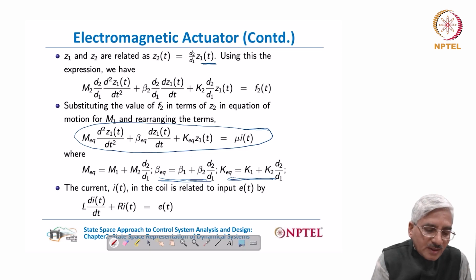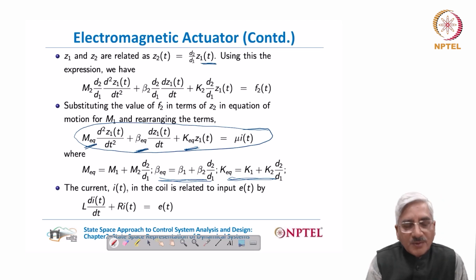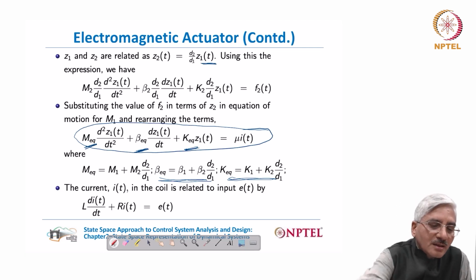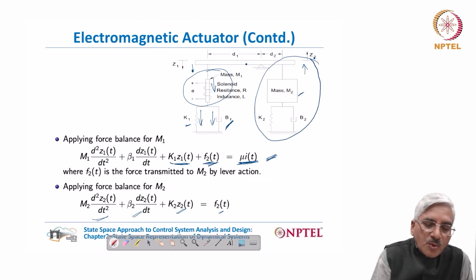The springs K1 and K2 got assembled into K equivalent. The dashpots beta 1 and beta 2 got converted into beta equivalent, and masses M1 and M2 got converted to M equivalent.